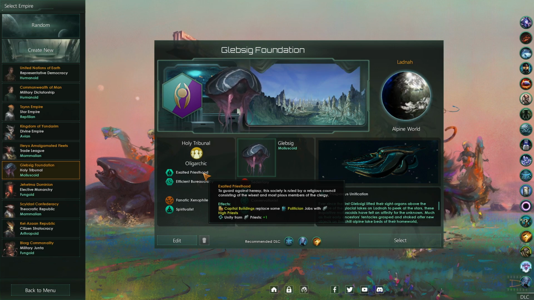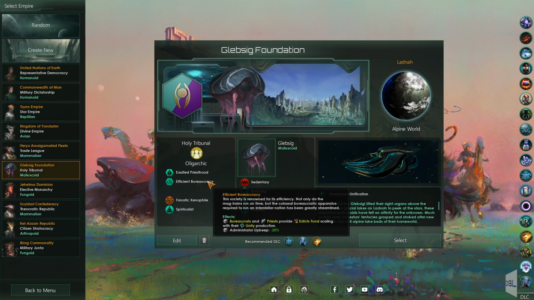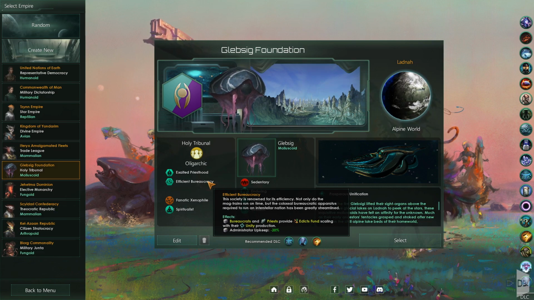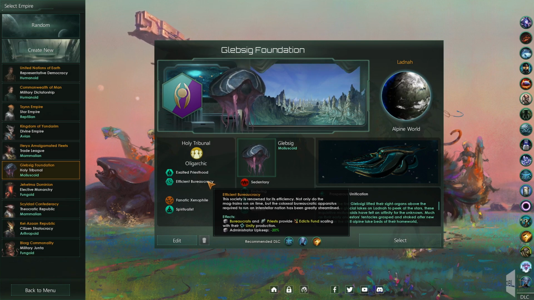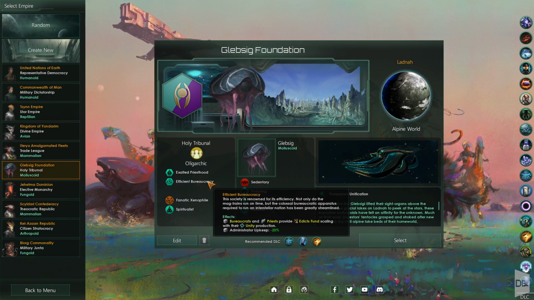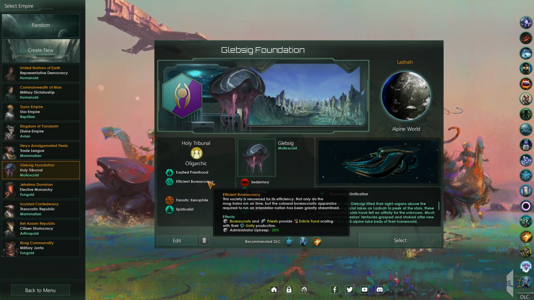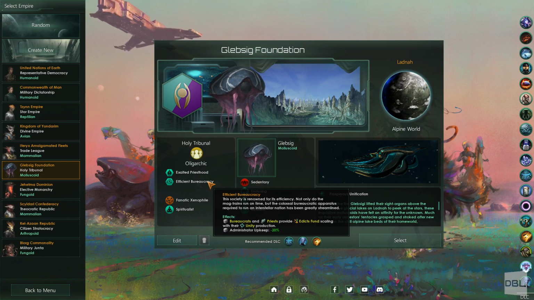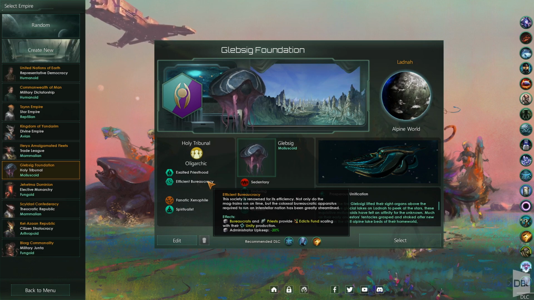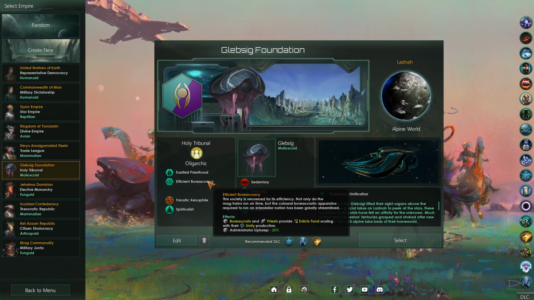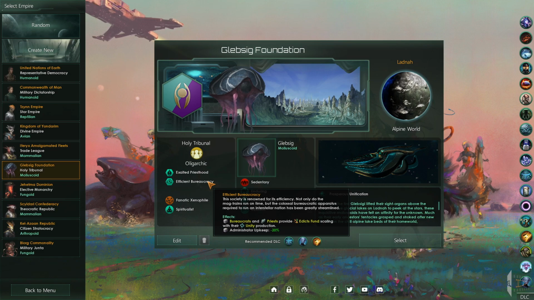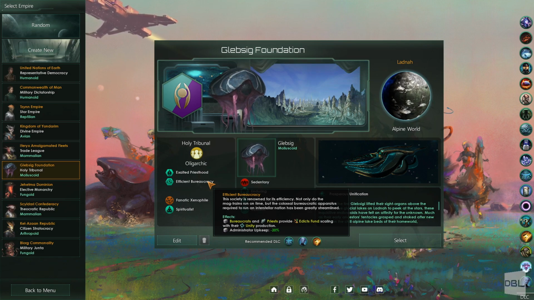Unity from priests +1. Efficient bureaucracy. The society is renowned for its efficiency. Not only do the trains run on time, but the colossal bureaucratic apparatus required to run an interstellar nation has been greatly streamlined. Effects. Bureaucrats and priests provide edicts fund scaling with their Unity production.